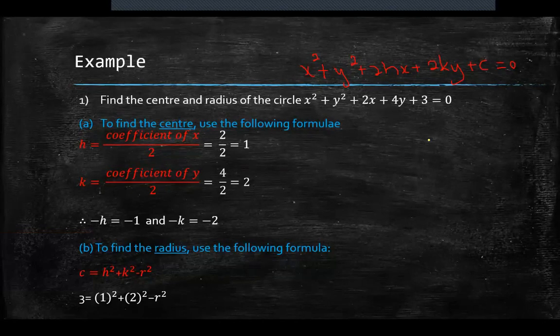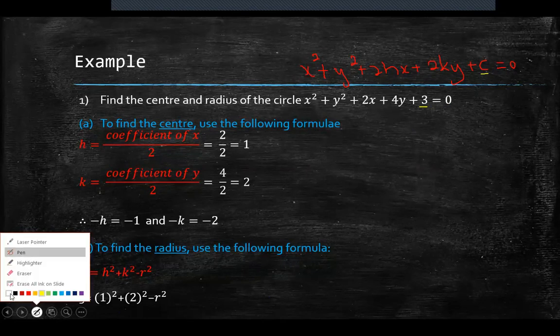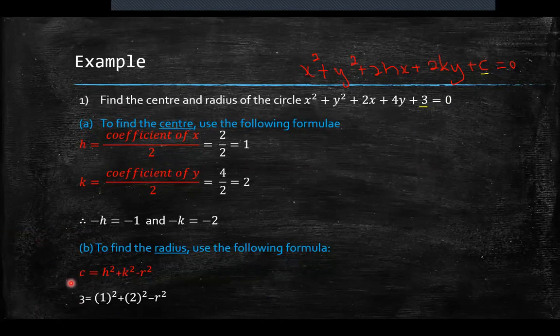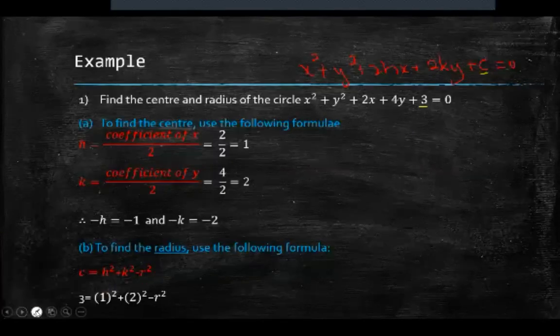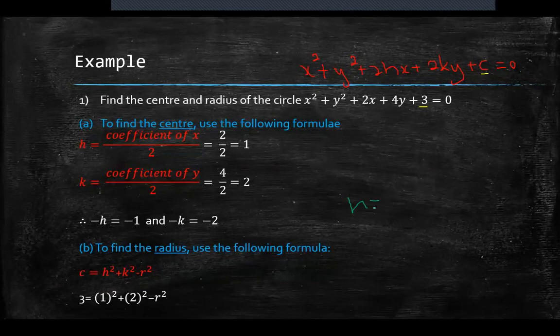So you could see here that C is 3. Looking at this equation, C is equal to h squared plus k squared minus r squared. We said that h is 1 and k is equal to 2.